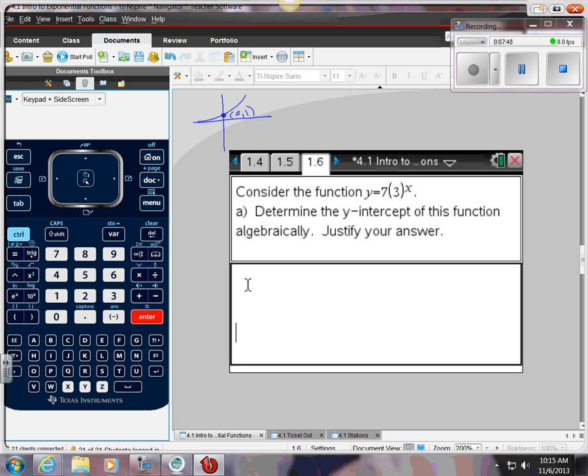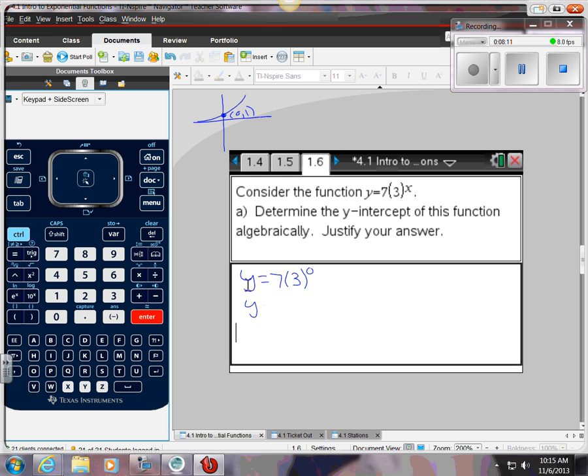That's because at x equals 0, I'm going to have a y-intercept. Agreed? So to do this algebraically, we're going to plug in 0 for x. Okay? 9th grade, guys. X and y-intercepts. Find the x-intercept, I plug in 0 for y. To find the y-intercept, I plug in the 0 for x.